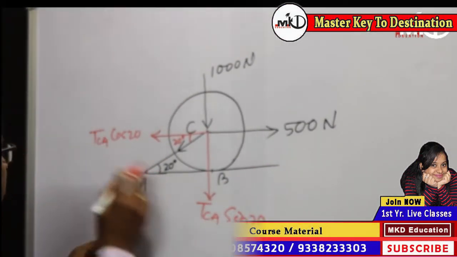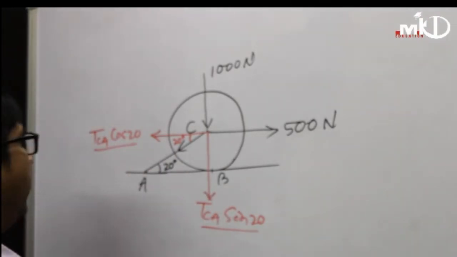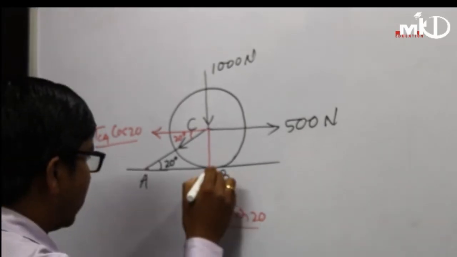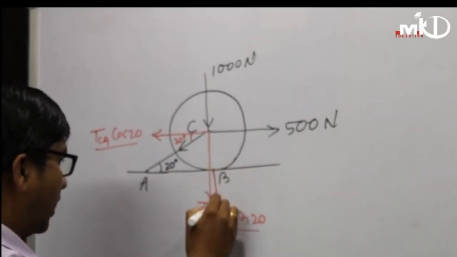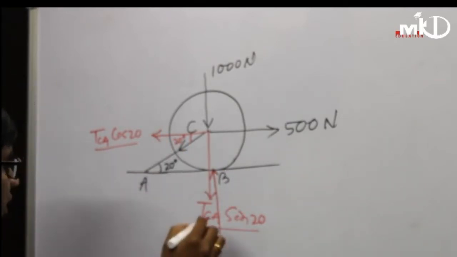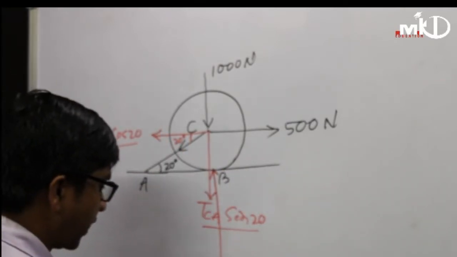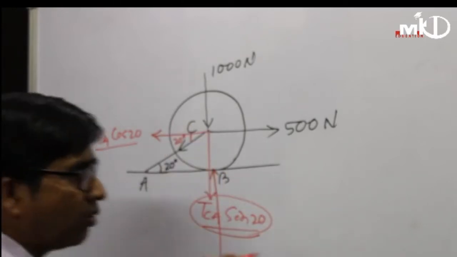So the two components of TCA are TCA cos 20 and TCA sin 20. Now there is another force at point B, that is your reaction, which is acting vertically upward. It may not be clear, but you should know RB is acting vertically upward, whereas TCA sin 20 is acting downward. So now come to this.